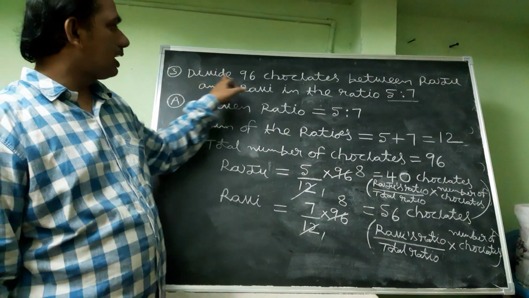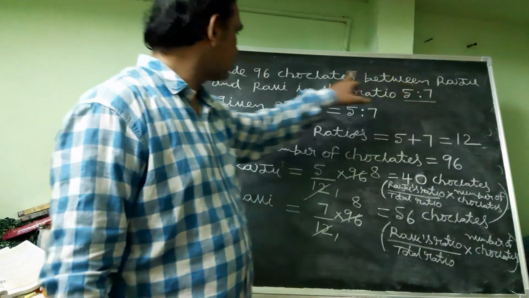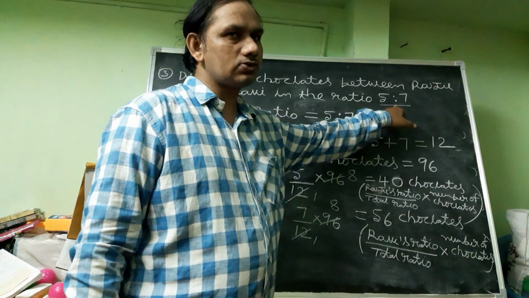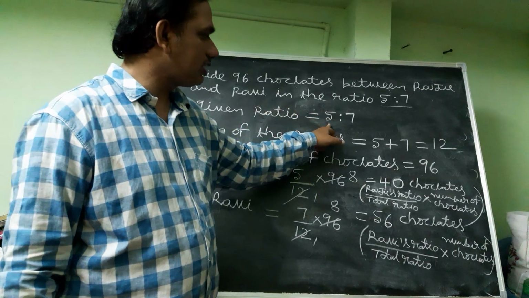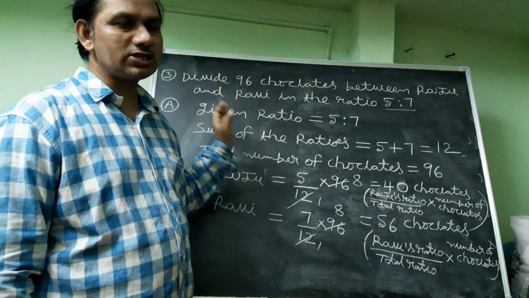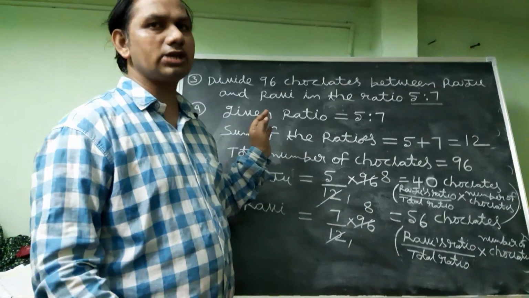See here, 96 chocolates between Raju and Ravi in the ratio 5:7. Here the given ratio is 5:7. Sum of the ratios. So first, for any problem, we will add the two ratios.